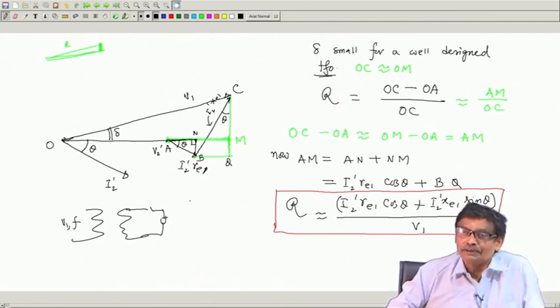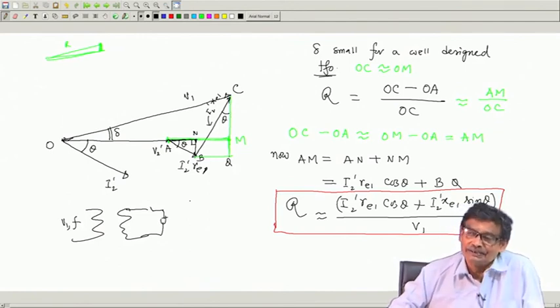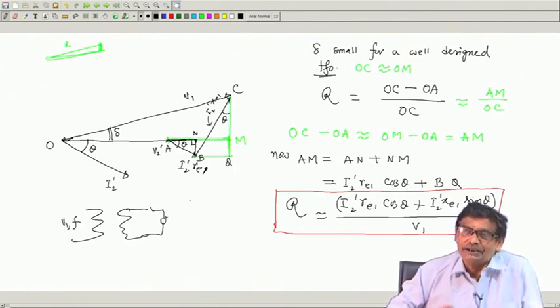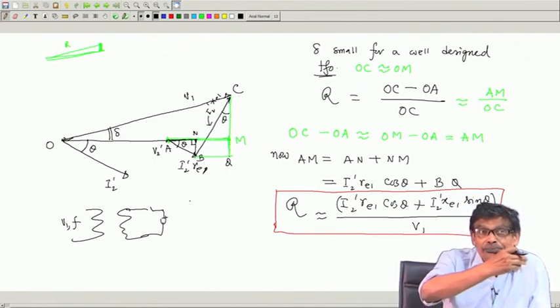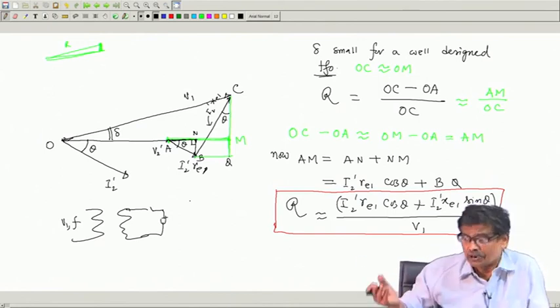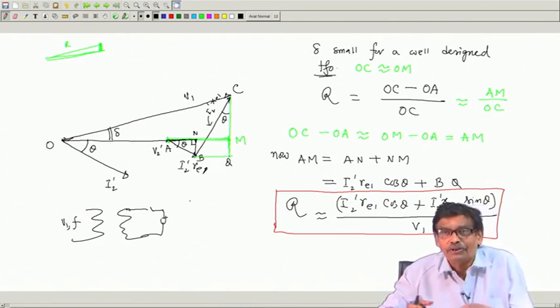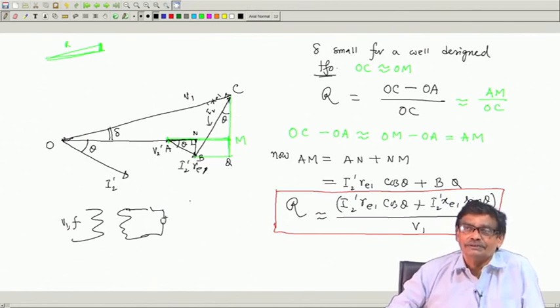That is not available. For example, a distribution transformer which is 200 kVA caters power to various consumers, totaling 200 kVA. Can you imagine that load in your lab? No.